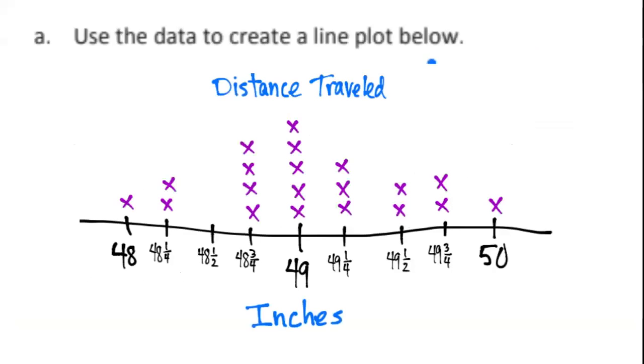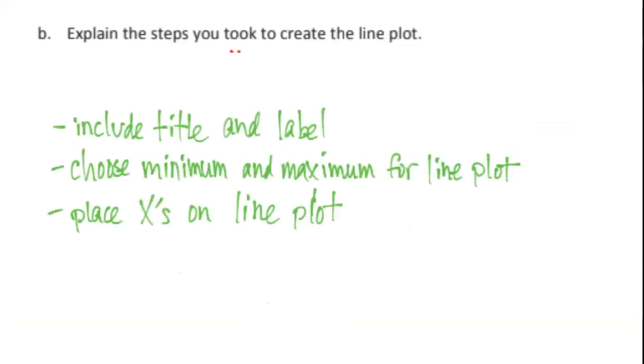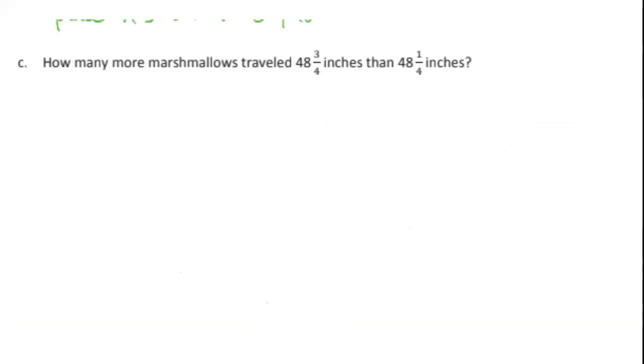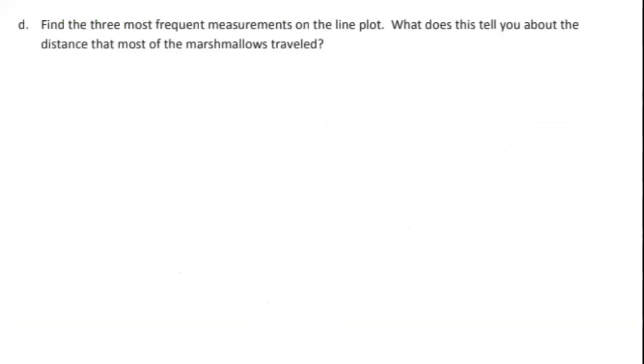I'm sorry, it's the same question in the wrong spot. We'll look at it again. Title and label, minimum, maximum for the line plot, and X's. 3 more. Most frequent, around 49 inches.